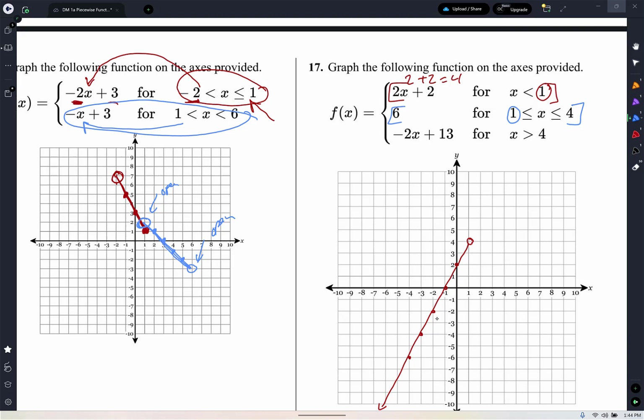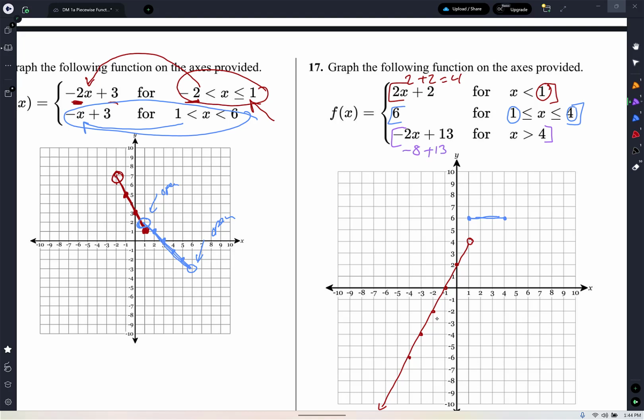I'm gonna do the smallest one first. So it's a horizontal line, so it'll be anywhere in between 1 and 4. So it's gonna equal 6. It's a closed circle. Perfect. And then for the final one, I'm just gonna plug in the 4 into the equation.